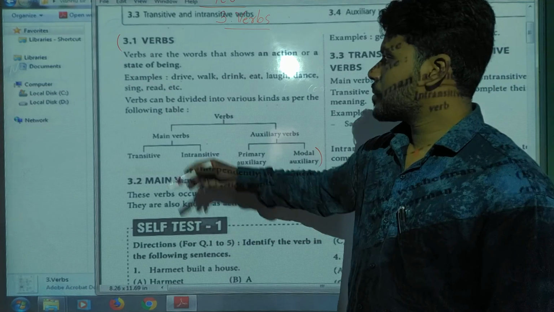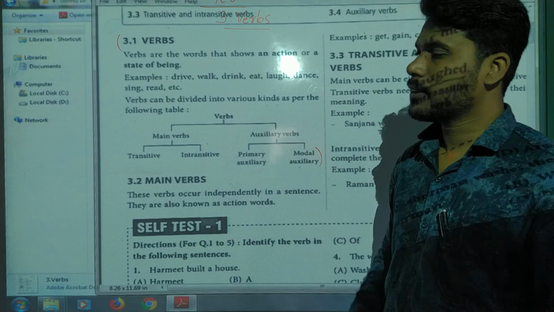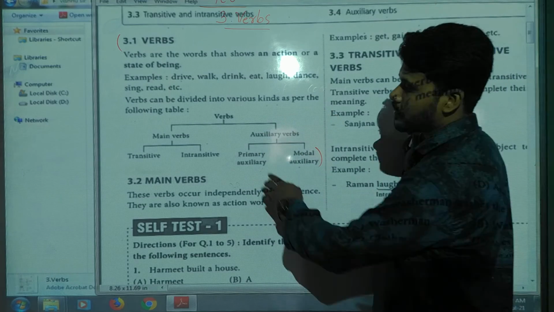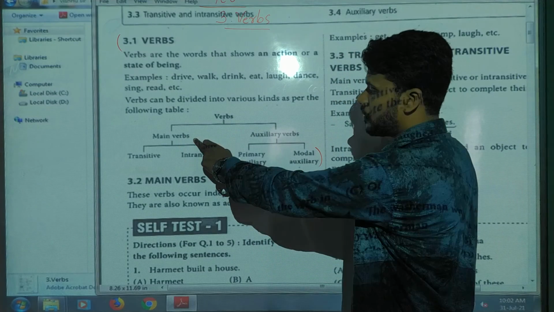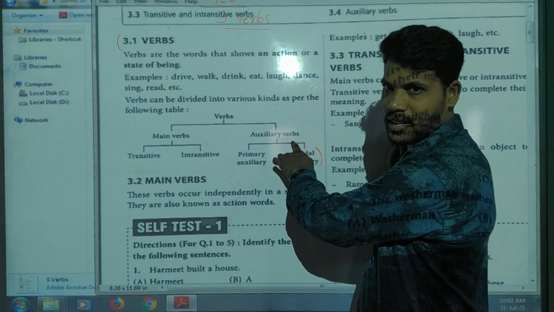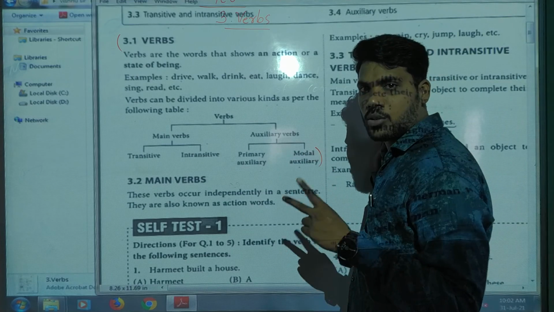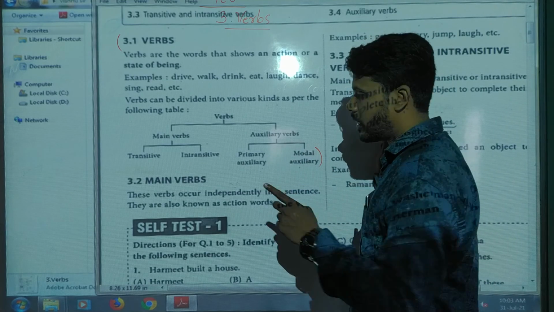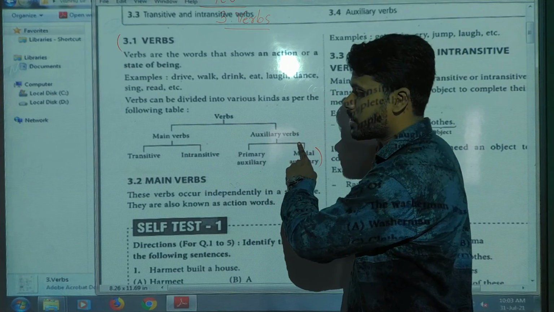Verbs can be divided into various kinds as per the following table. Verbs can be divided into two main categories: main verbs and auxiliary verbs. First one is main verbs and second one is auxiliary verbs.